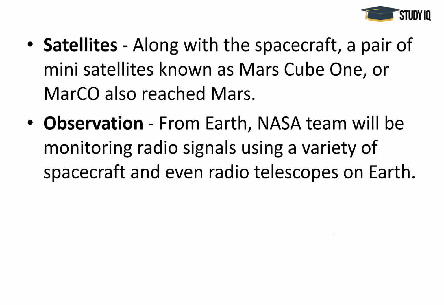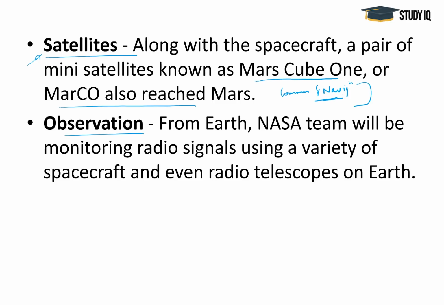So along with this InSight mission, there are 2 attached satellites also, MarCO-1 and MarCO-2. They have also reached Mars, but their purpose is for communication and navigation. So it is also an experiment for the first time. It will also help in future interplanetary communication and exploration. So this is also very successful.